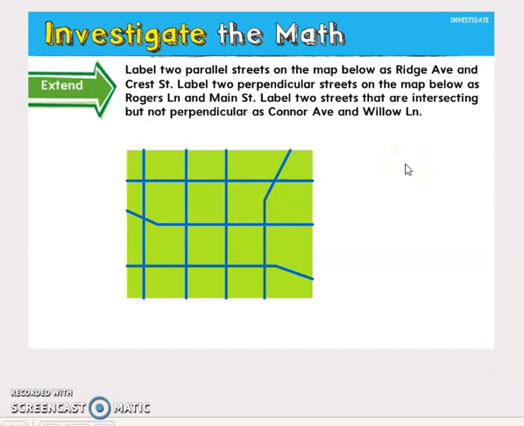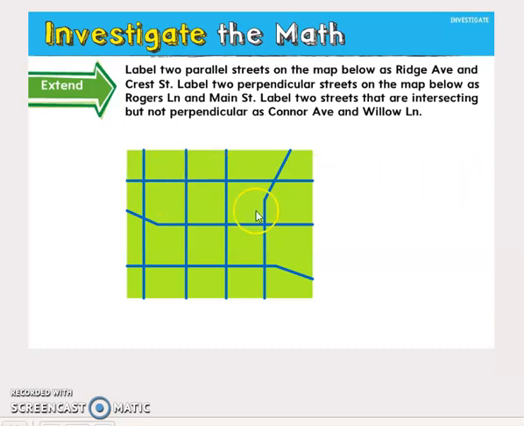But I don't want to just go ahead and label those as parallel streets, because I also want to make sure that naming one of the streets isn't going to conflict with labeling it something else, because there are only a few places where they intersect that are not perpendicular.